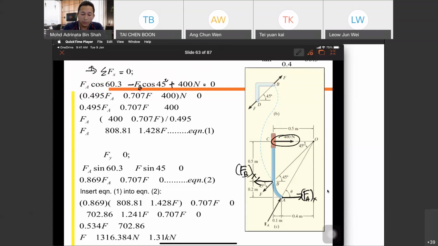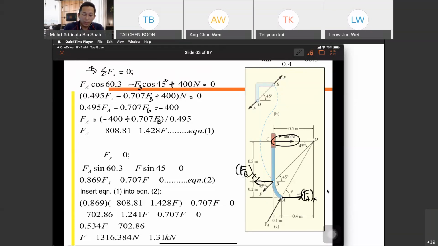So 0.495 FA minus 0.707 FB plus 400 Newton equals to 0. 0.495 FA minus 0.707 FB equals to negative 400. Then FA equals to negative 400 plus 0.707 FB divided by 0.495.